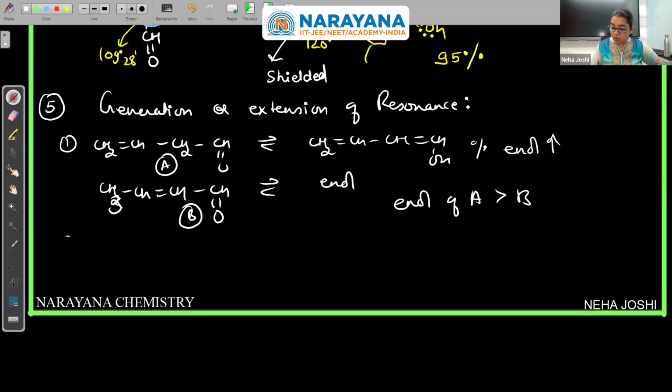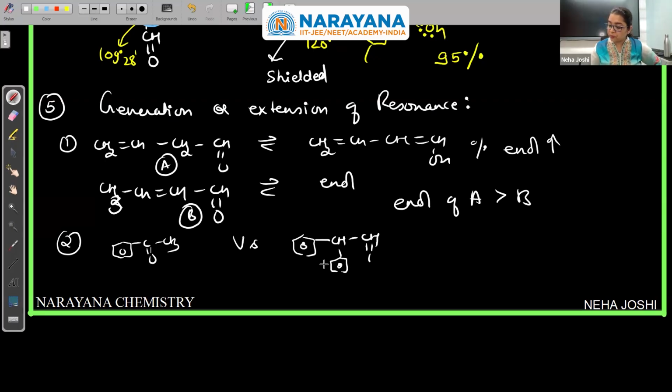Now here already resonance. So example number 2. If it is COCH3 versus PhCH, so this is A, this is B. See, here resonance already, here resonance already.